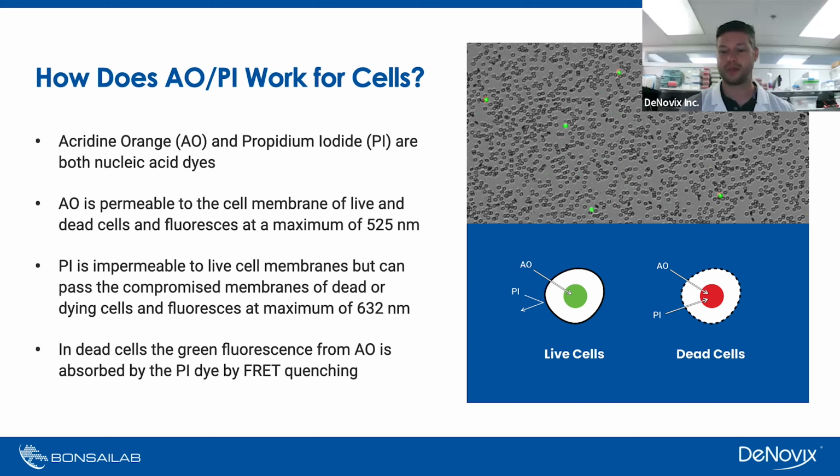So in dead cells, as you might have noticed, you're going to have both AO and PI. But the green fluorescence emission light from AO is absorbed by the PI dye in a FRET quenching reaction. So as you see to the right here, the live cells will be stained bright green and the dead cells will be stained bright red by fluorescence dyes.